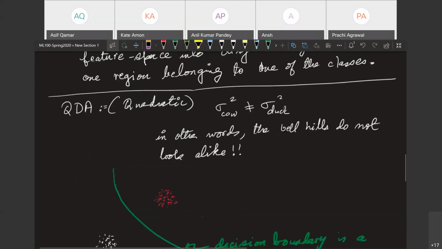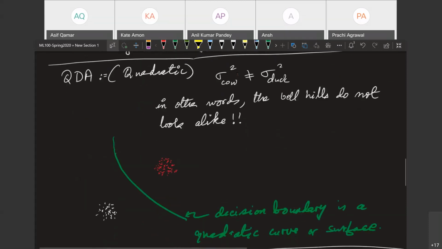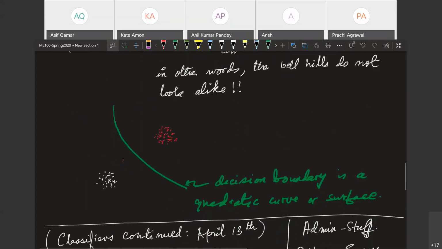Now, a review of quadratic discriminant analysis: suppose the cows and the ducks have different variances, the hill spreads are different. Then all it does, as this picture shows, is make the boundary into a curve. Are we together?